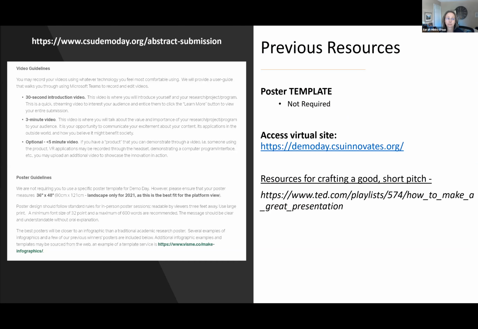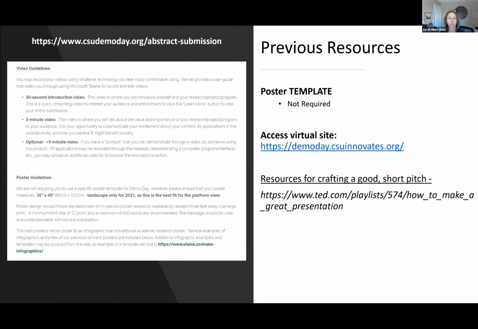So previous resources that you might have had with the grad show, or for those of you who are out of health and human sciences and did this for the health and human sciences research day, they provided a template. Because we would like an infographic style poster, we are not requiring you to use a template.